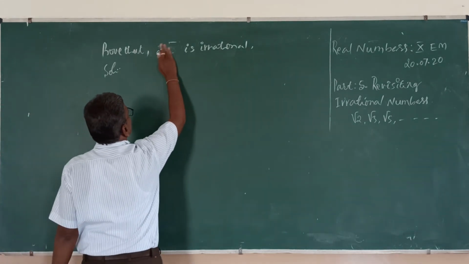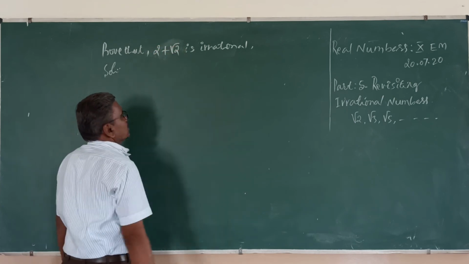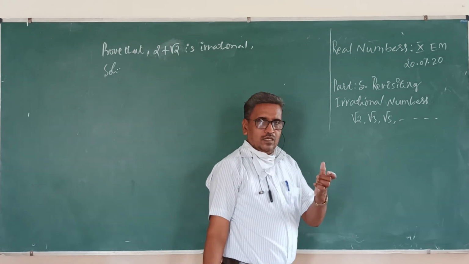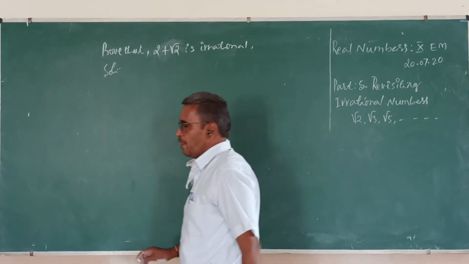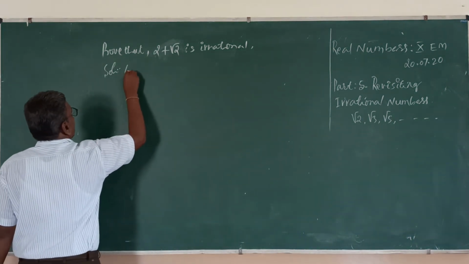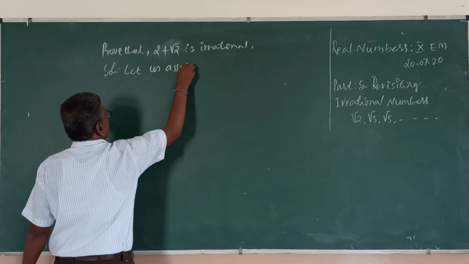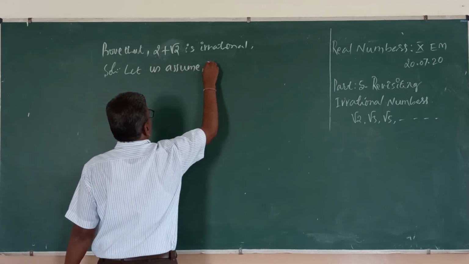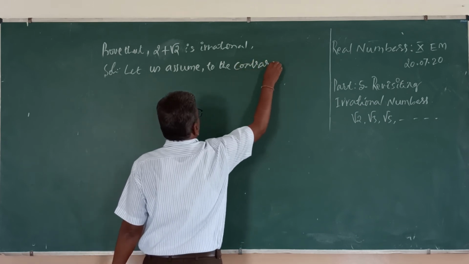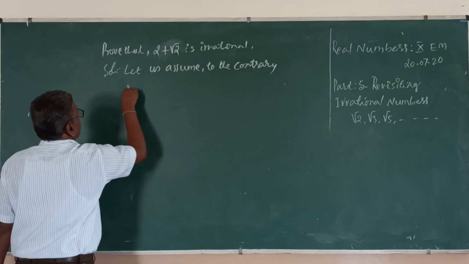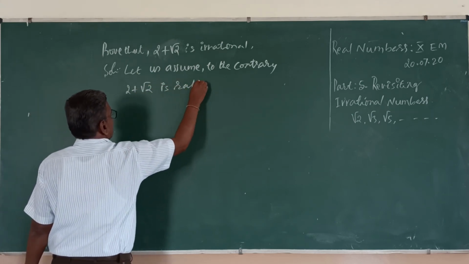Let's prove that 2 plus root 2 is irrational. Now, the sum of rational and irrational is irrational, so we are going to prove it. Let us assume to the contrary that 2 plus root 2 is rational.